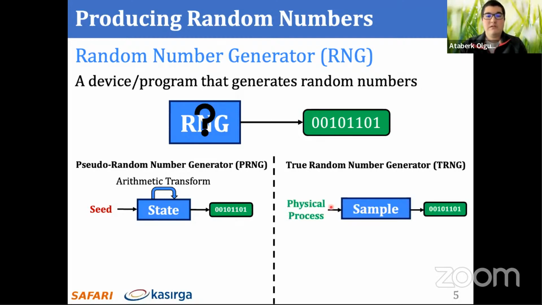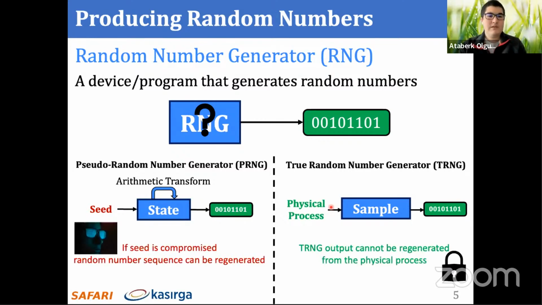True random number generators sample random physical processes to generate random numbers. Since PRNG output depends on this initial seed, someone with malicious intent could fully regenerate the full stream of random numbers. This is not the case for a TRNG, as it's not possible to regenerate the output by observing the physical process. If we were to observe the physical process, we would get a new random number. From a cryptography perspective, this makes TRNGs more secure compared to PRNGs.